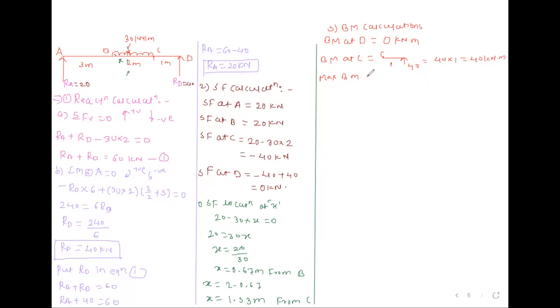Maximum bending moment is equal to, this is 40. Suppose this is C point. From C to X distance, UDL is there. This distance is 1.33, and this is 1, and here UDL is 30. Now we will calculate. So 40 into 2.33 minus 30 into 1.33 into 1.33 by 2.